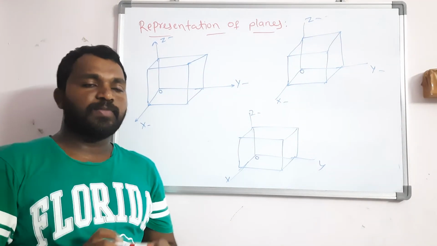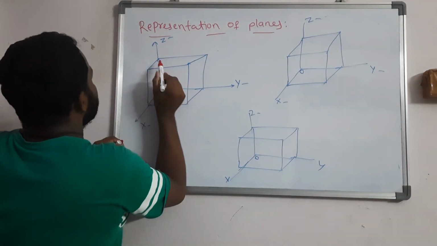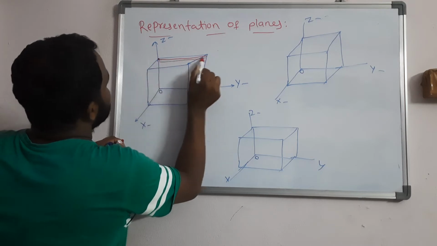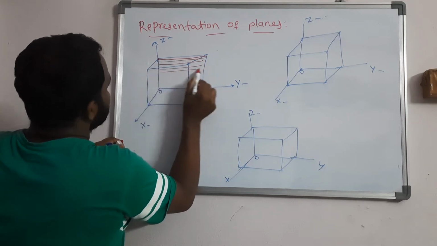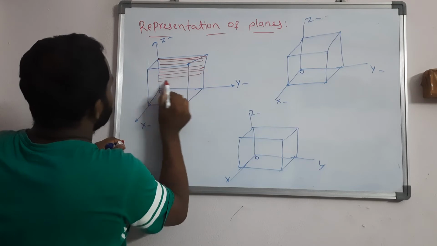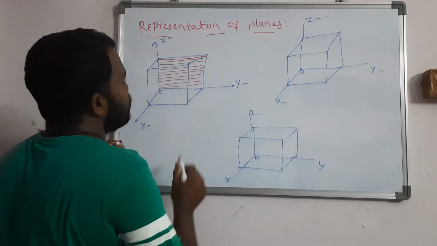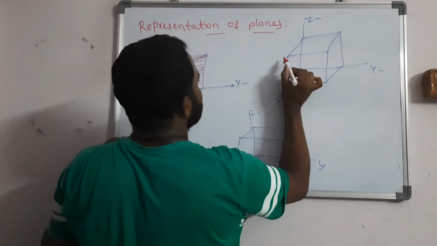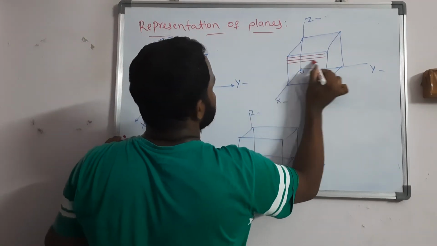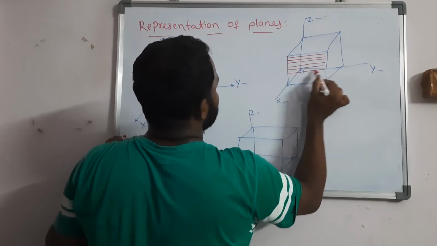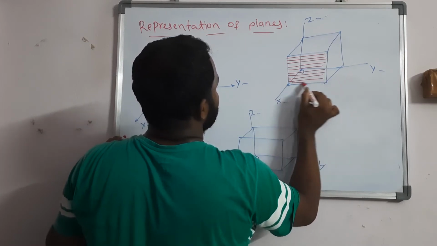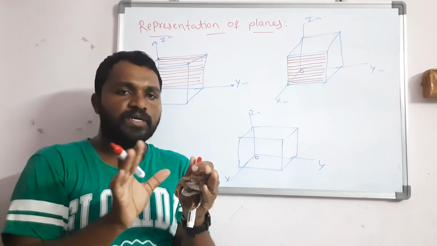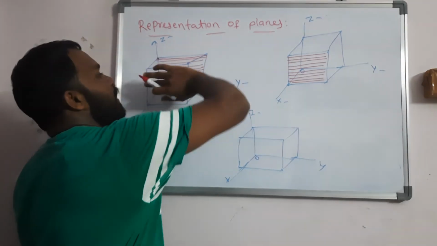First I will explain the plane I am writing. This is the back side plane, right? If I write the same plane on the front side, you will get it like this. Plane means, if I am taking the cube, you should observe that this is the back side.